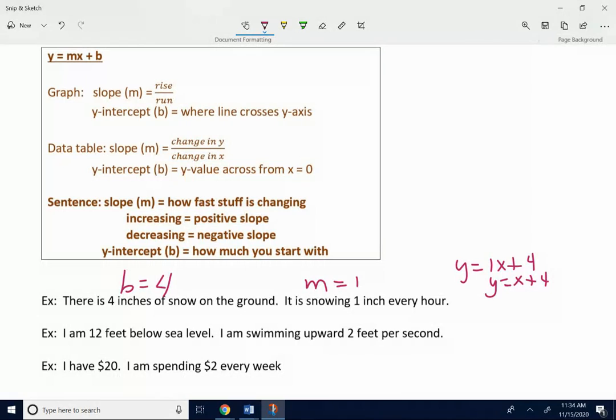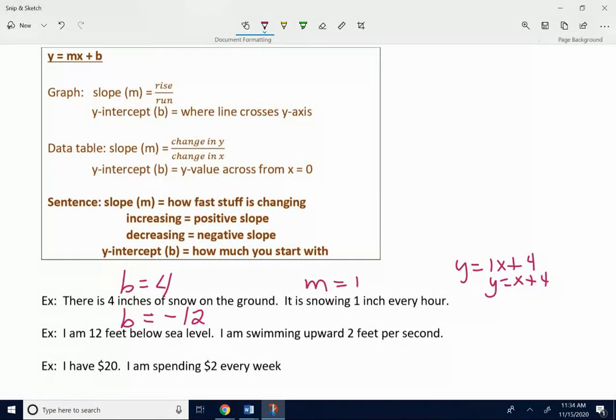The second example: I am 12 feet below sea level. I am swimming upward 2 feet every second. So your initial value, how much you start with, where you are at the beginning, you are 12 feet below sea level. So that'd be negative 12.